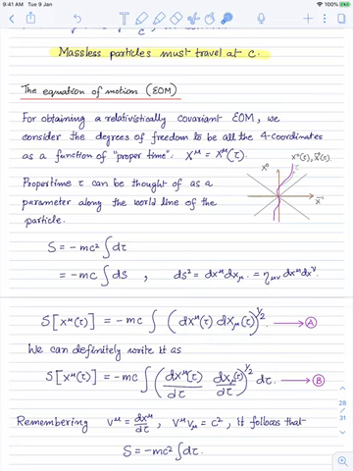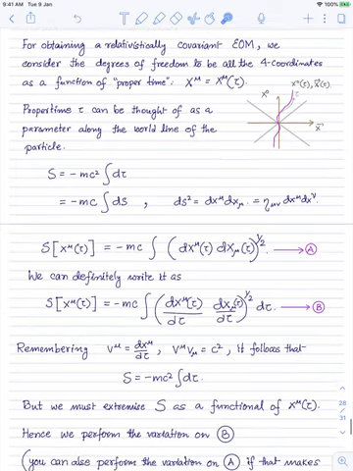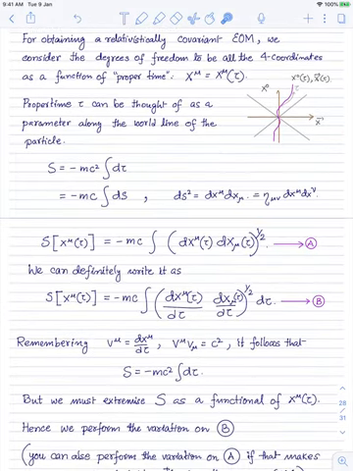I have to extremize these functions given that these functions are fixed at the endpoints, at two points here. That is what you need to find these functions. So that is the usual variation principle.